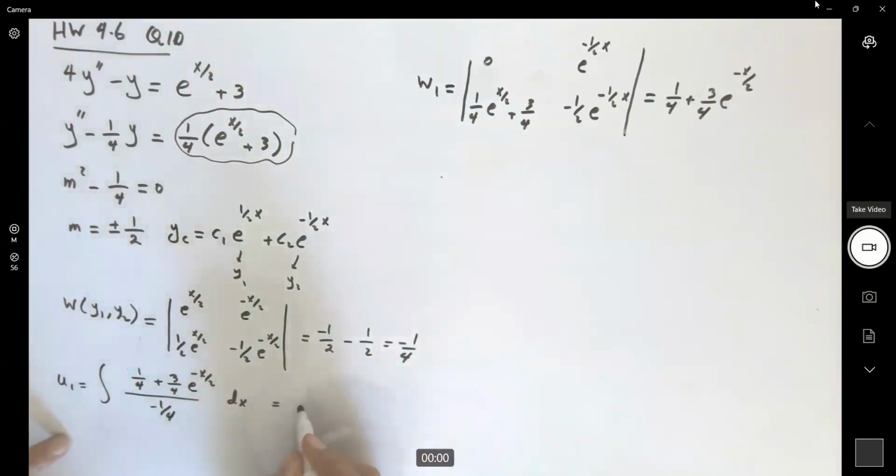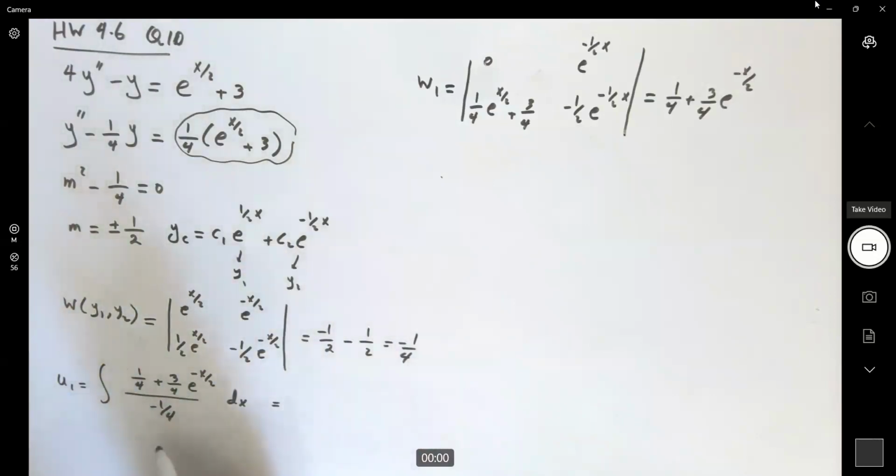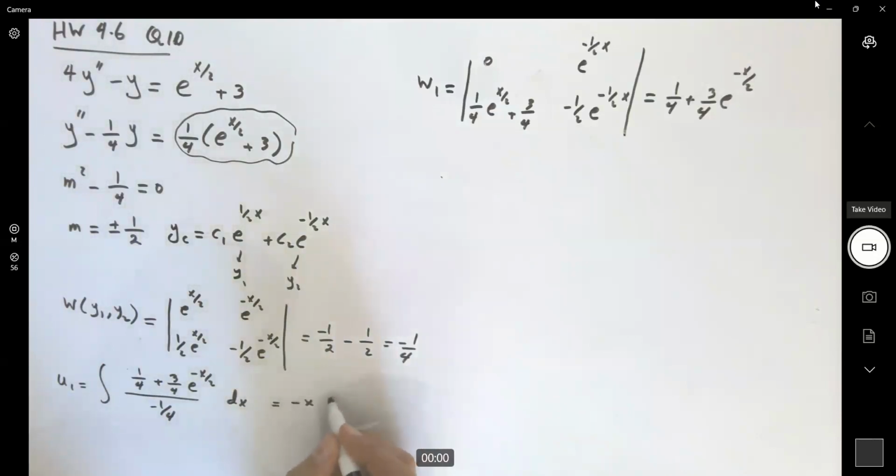If we divide these two, you get negative 1, so you get negative x, and you have minus 3 times the integral of e to the power negative x over 2 dx. Now by substitution, you get negative x minus 3 times negative 2, so you get negative x plus 6 e to the power negative x over 2. We found u1.